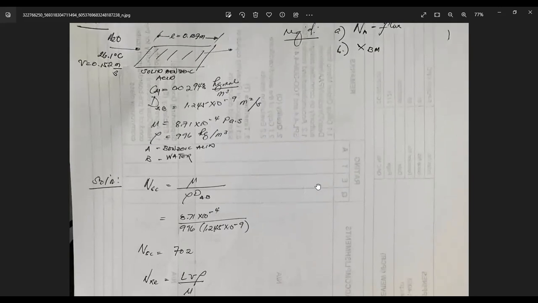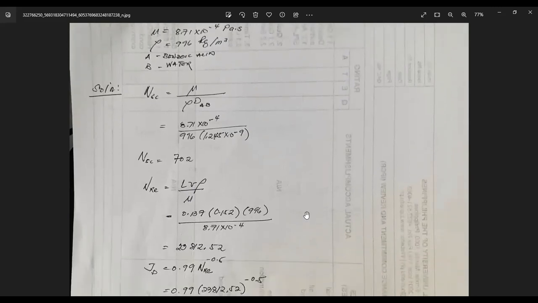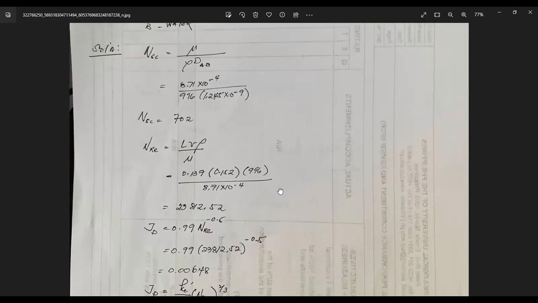So its value is 702. For the Reynolds number, you'll be using a formula that has the L instead of the D, because you have a flat surface, so you have the length, the velocity, the density, and the viscosity. Okay, so your Reynolds number is 23,812.52. So turbulent, the flow is turbulent.